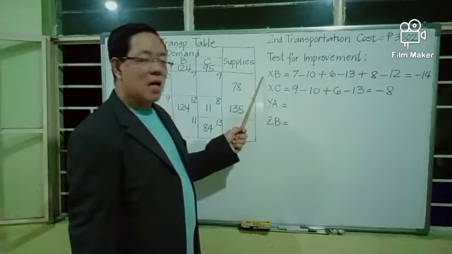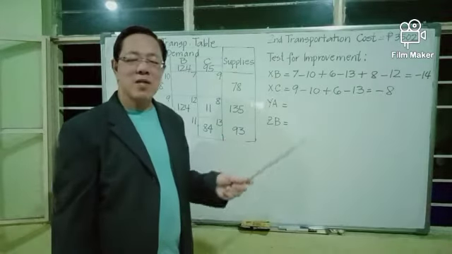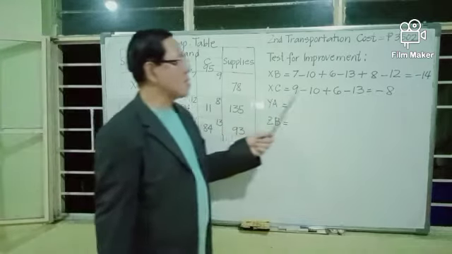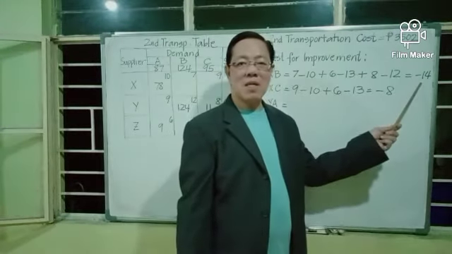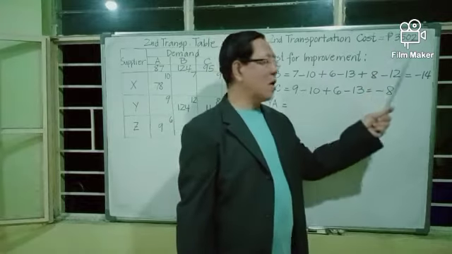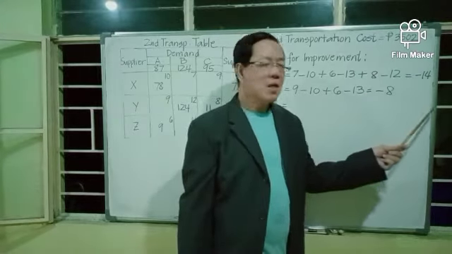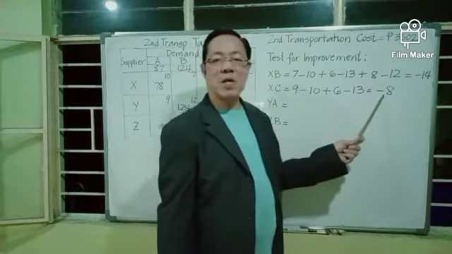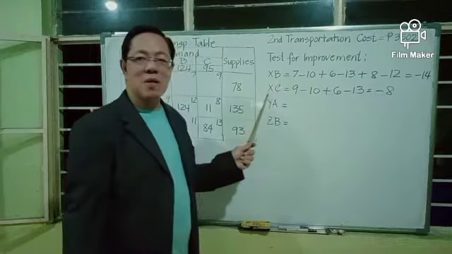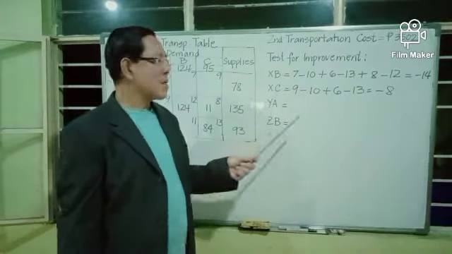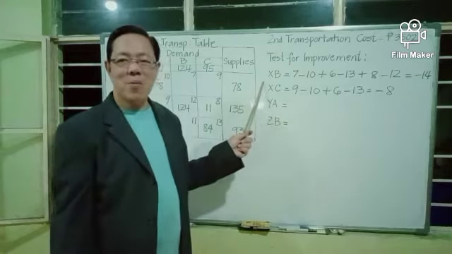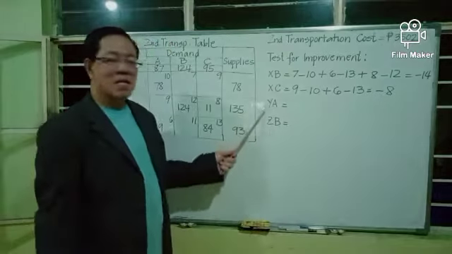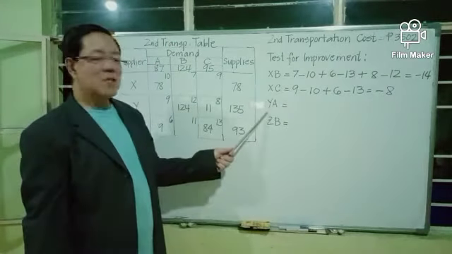And between this cell XB and XC, it is better to transfer some units to this vacant cell XB because you will get a bigger decrease in the total transportation cost of 14 pesos per unit compared to a decrease in total transportation cost of 8 pesos per unit if you transfer some units to the vacant cell XC. But again, we will not transfer yet some units to the vacant cell XB because we still have 2 vacant cells to consider.